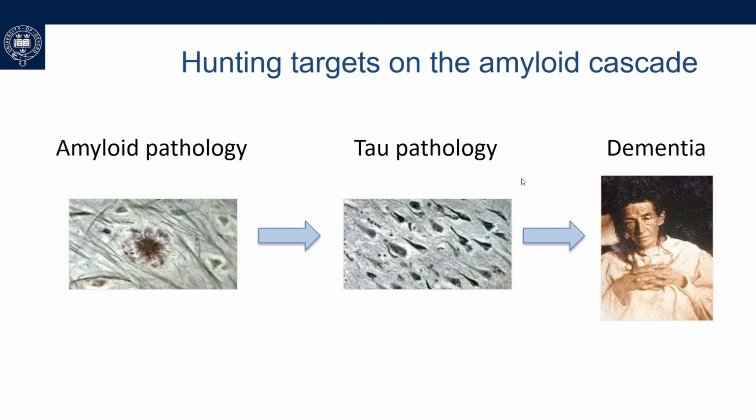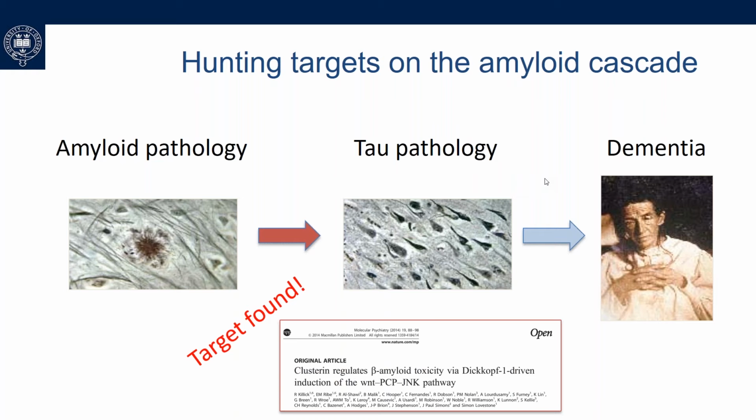So, you know this. We want to find targets that are part of this pathway that goes from something to do with amyloid to something to do with tau to the cognitive loss that Augusta Deter suffered from. Next slide. So in work that I've been doing over the past decade or so, we think we've found a target. I'm going to have to ask you to take my word for that.